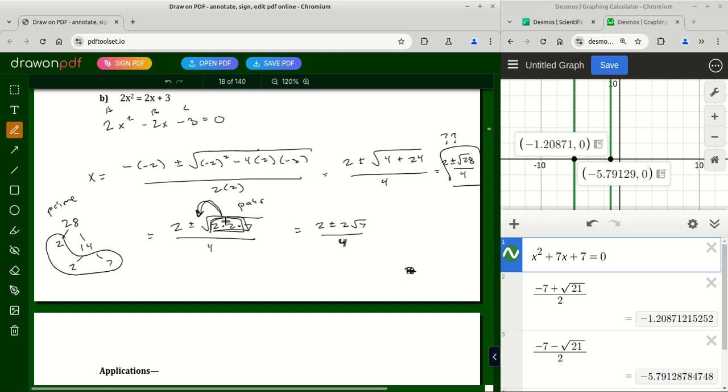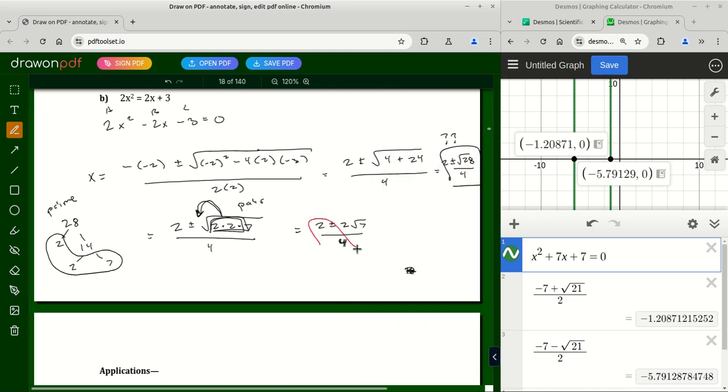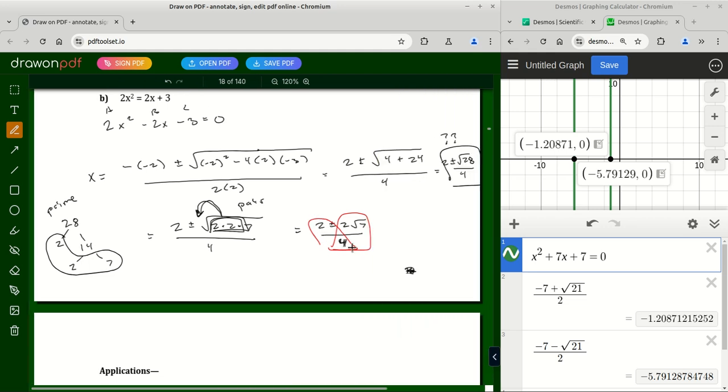Again, you could say there's a 4 makes a 2, or you could say that it's a pair and pull it out. We're almost done. All of these have a common number, and if you distribute your denominator and divide each one individually by the 4, then 2 over 4 is a 1/2, and 2 over 4 is a 1/2.